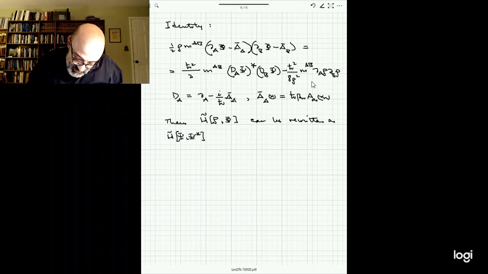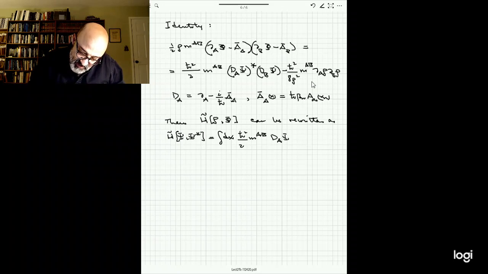And what this is going to be is the integral over dx. Now I'm just going to rewrite this term here, ∂_A psi star ∂_B psi.